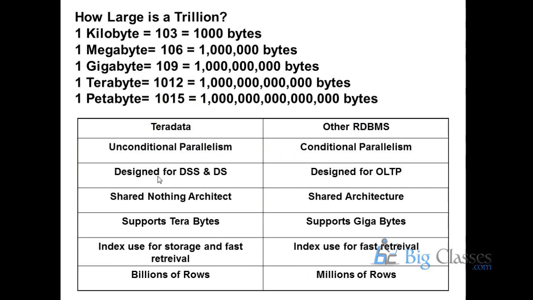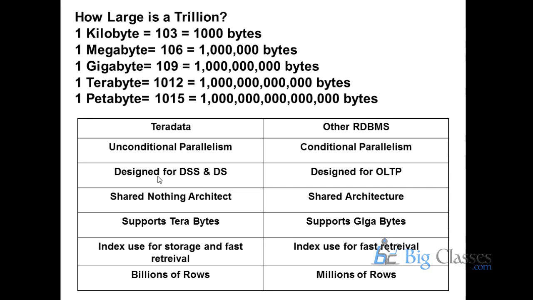And these are the common differences between Teradata and other RDBMS. These differences are pretty old actually, because nowadays even other RDBMSs have come up with a similar kind of architecture, in the way Teradata is handling the data, like the data distribution and those kinds of things. Other RDBMS have come up with similar mechanisms, like Netezza, which is an IBM product, and Exadata with Oracle.